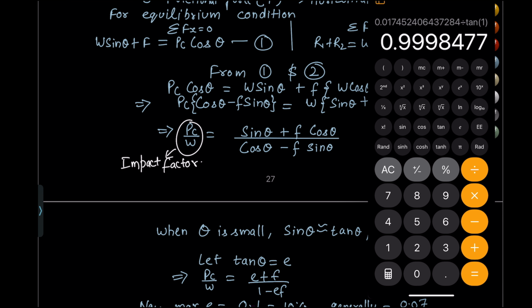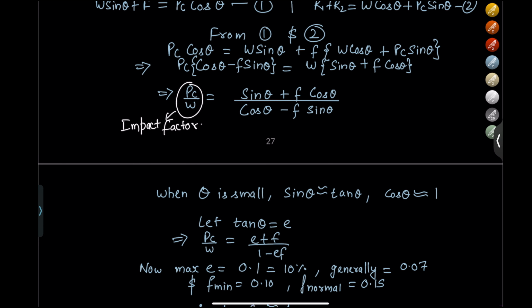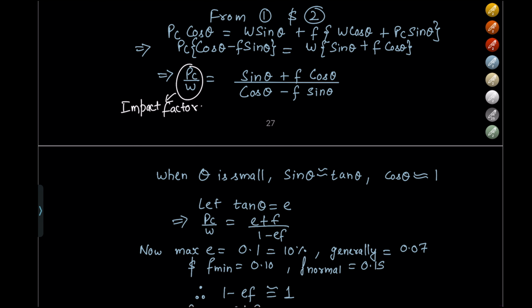That is approximately equal to 0.99998, which can be taken as approximately equal to 1. So sine theta when divided by tan theta of a very small value, although this value is near about 0.07, is the maximum value that it can have. So according to that, sine theta is equal to tan theta, and cos theta is equal to 1.